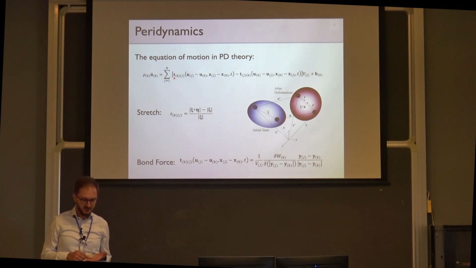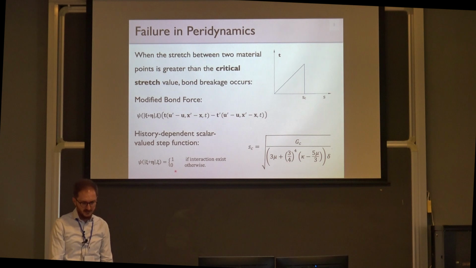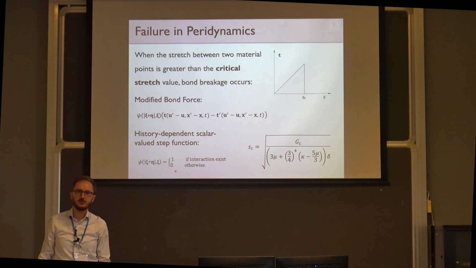The formulation of the bond forces and the stretch are given here. When the stretch between two material points is greater than a critical value, we call it the critical stretch value, bond breakage occurs.